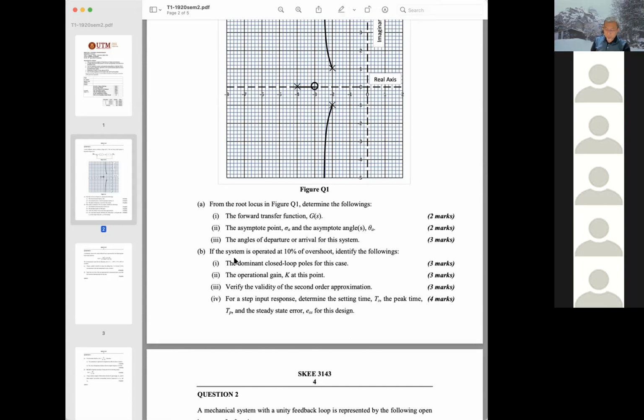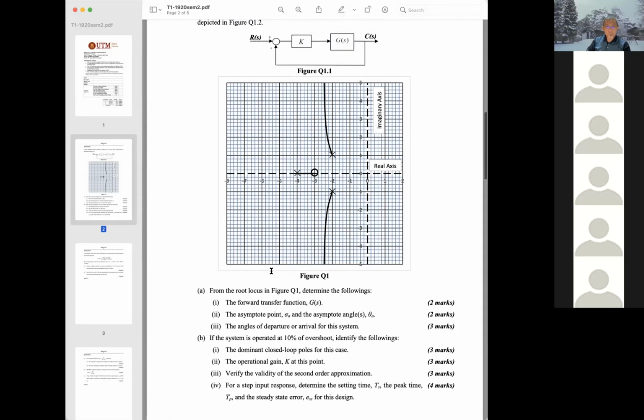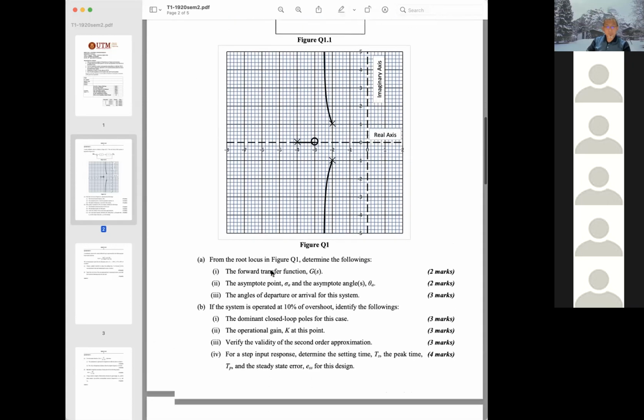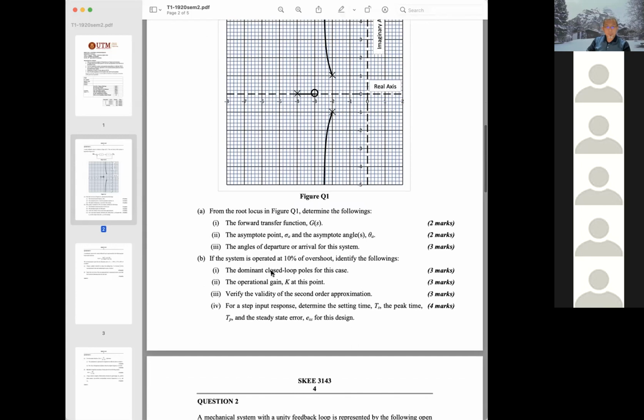B, if the system is operated at 10% overshoot, identify the following. 1, the dominant closed loop pole for this case. 2, the operational gain K at this point. 3, verify the validity of the second order approximation. And 4, for a step input response, determine the settling time, the peak time and the steady state error.